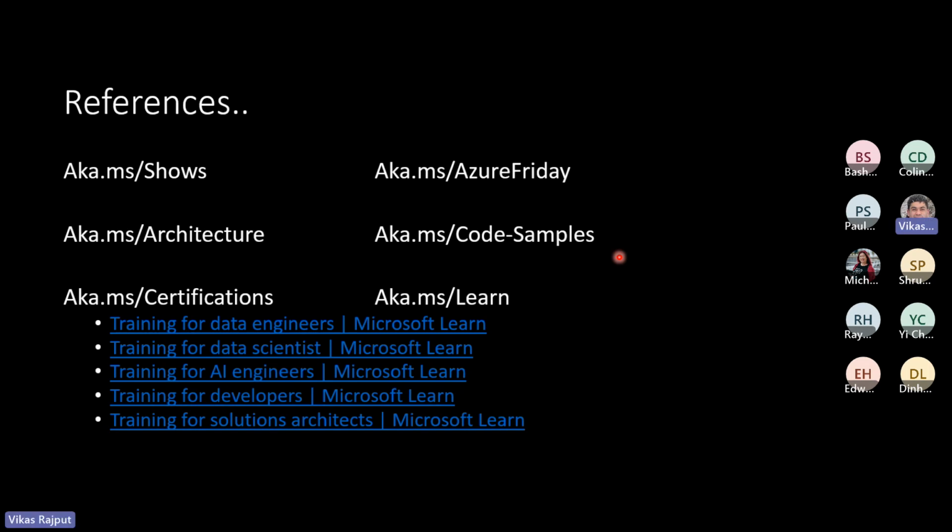The other reference, if you just want to jump your learning curve a bit, is ak.ms/architecture or code samples. This is where you want to take your learning to the next level. You want to understand the systems, not just the components or how-tos. Code sample is when you're ready to go and try out things.